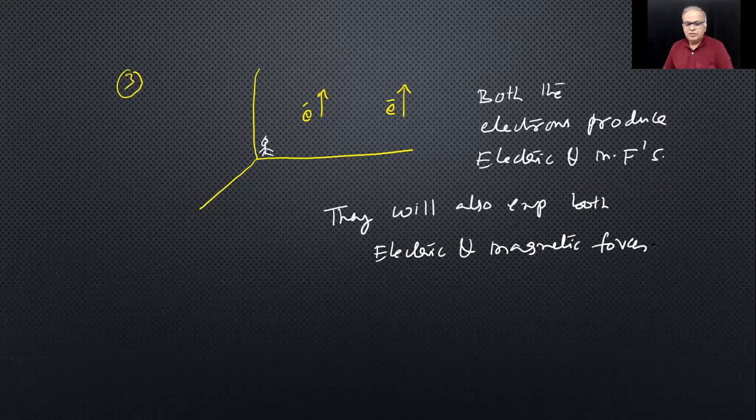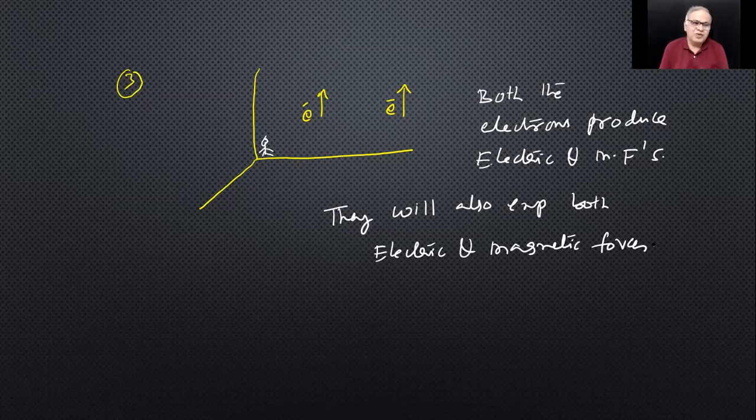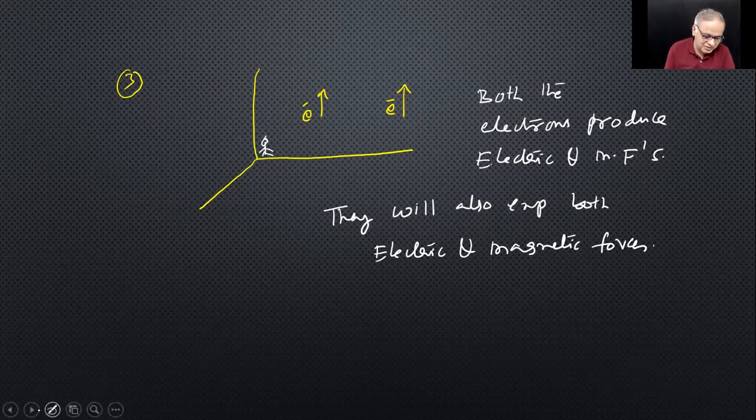In fact, the electric force between them is repulsive because both are electrons. You'll immediately agree, isn't it? And the magnetic force will be attractive between them. We'll see that in future.